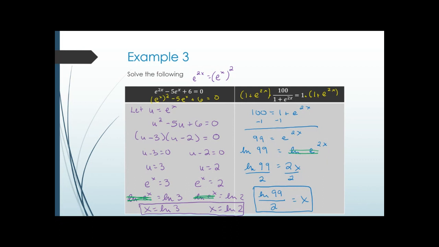We get 2.297559925, and it just keeps going. But it's easy enough to leave it in this form, and you don't have to even touch a calculator. So I prefer not to use a calculator unless I absolutely have to, because I can do all of this without a calculator. I don't have to worry about rounding or anything like that.